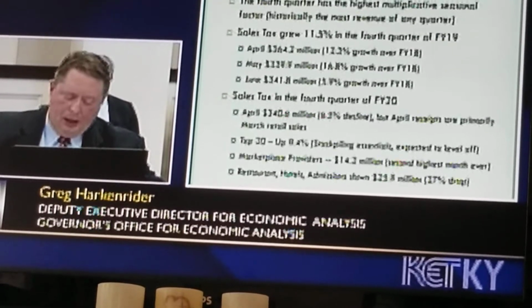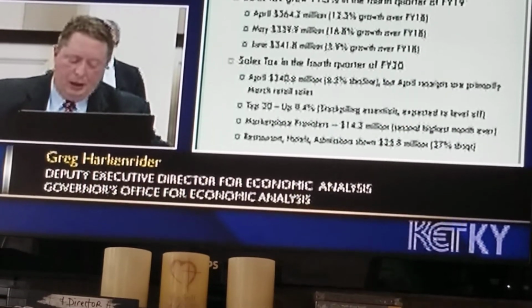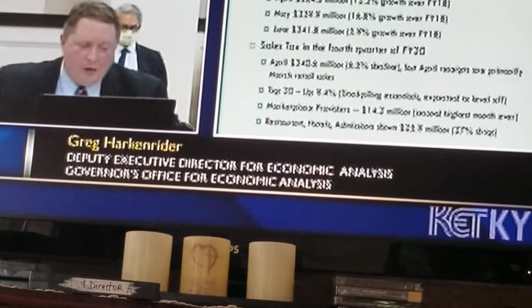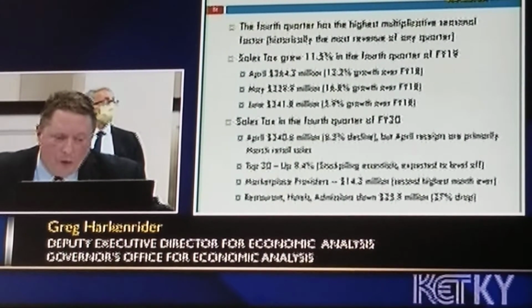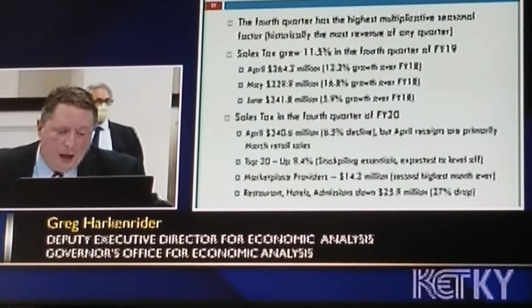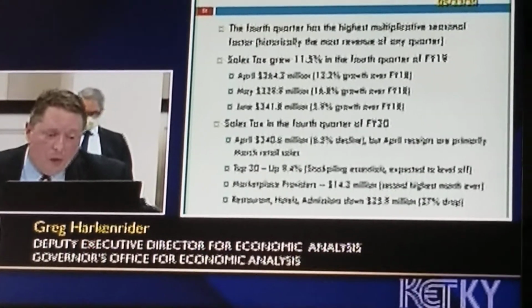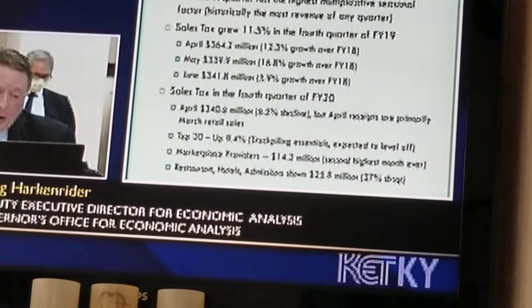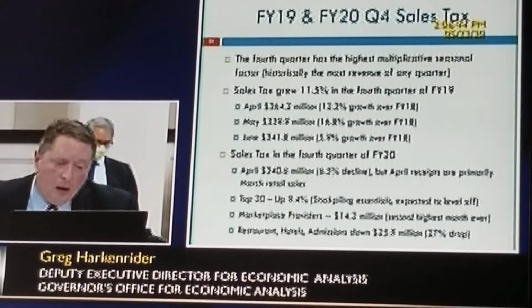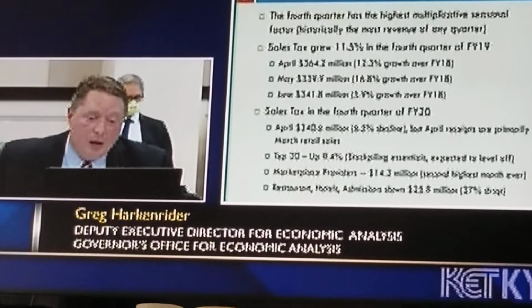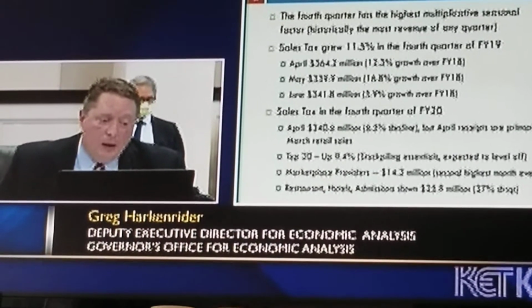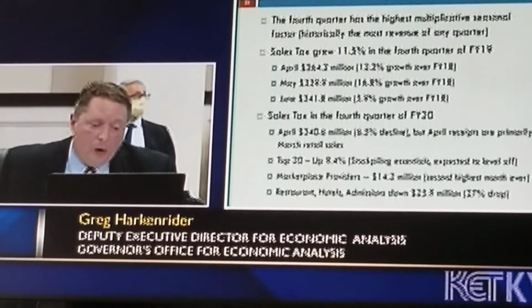So since we only have 2 months to go, I wanted to really drill down and dig deep into the fourth quarter to see if the estimates coming out of these models were realistic. So I looked at the fourth quarter from last year, fiscal 19. Sales tax grew 11.5% in the fourth quarter last year. April grew 12.3%.